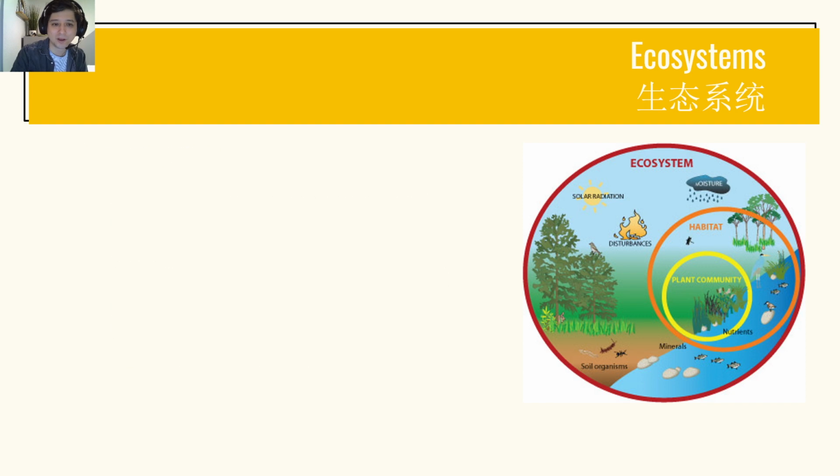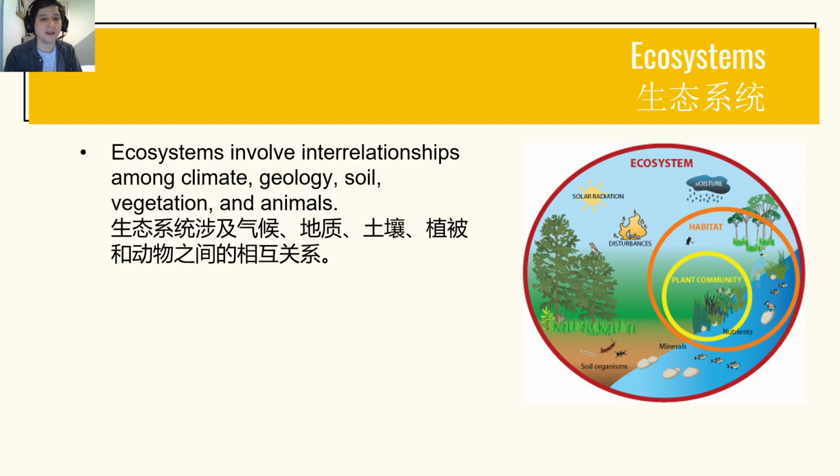Additionally, they involve interrelationships, there's that word, among climate, geology, soil, vegetation, and animals. If you don't know what this word geology means, geo means rock, right? So the study of rocks.